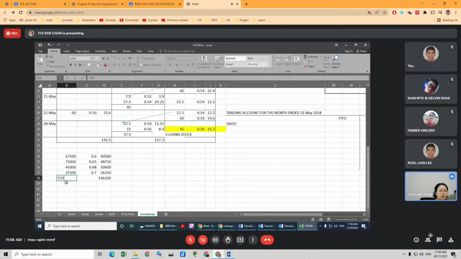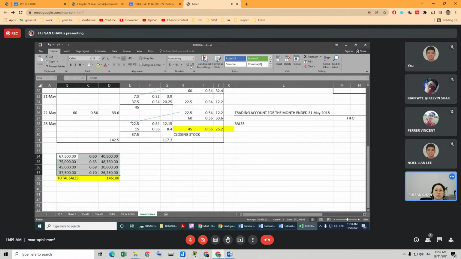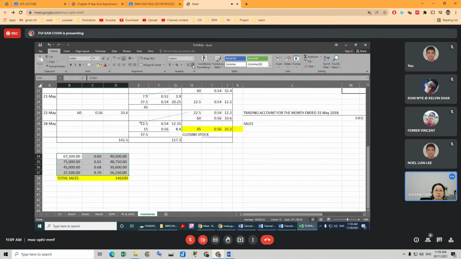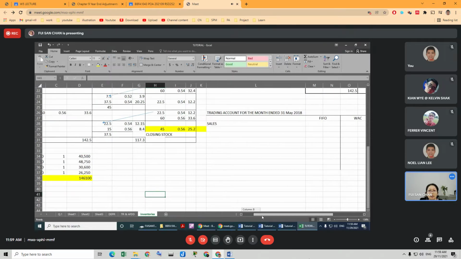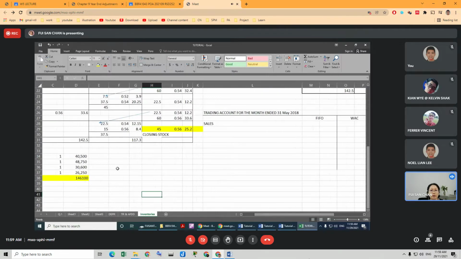So you see, total sales you need to calculate on your own, right? So this is our total sales. What we want is actually this number here. Okay. So now we found our sales already, right?